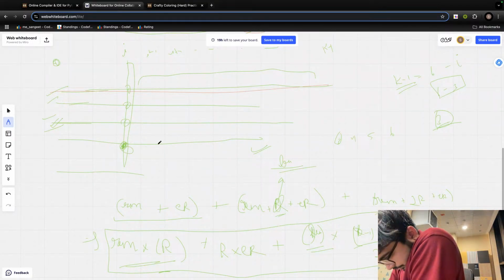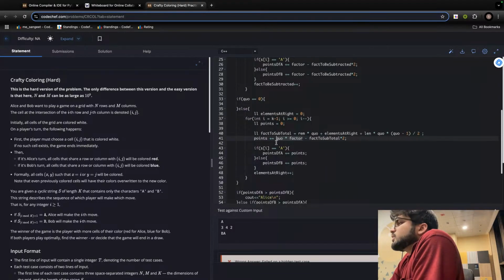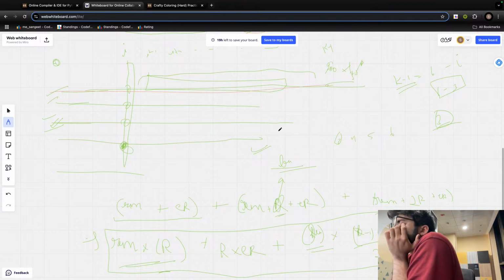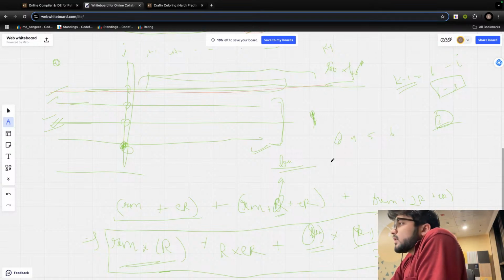1, 2, 3, 4. Of quotient into factor, no, just this much. Quotient into factor. This guy. Remainder minus L, right?